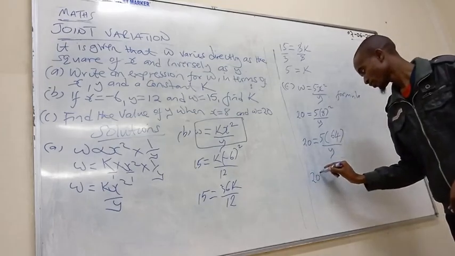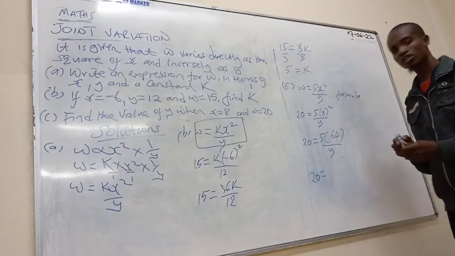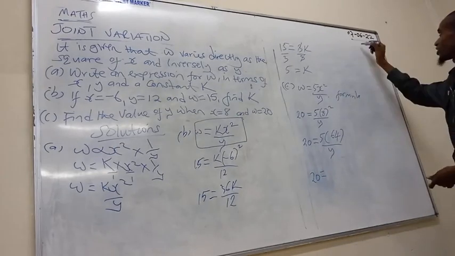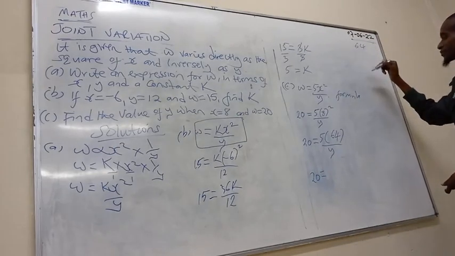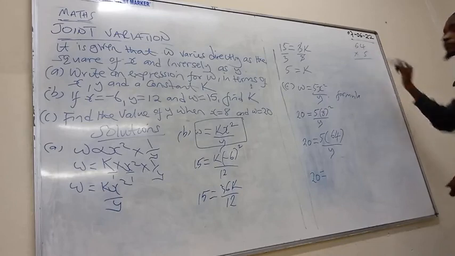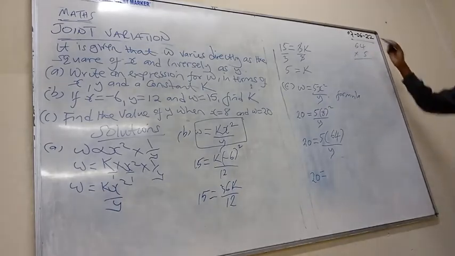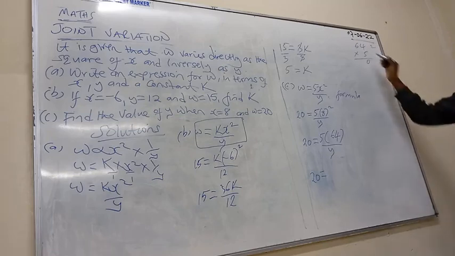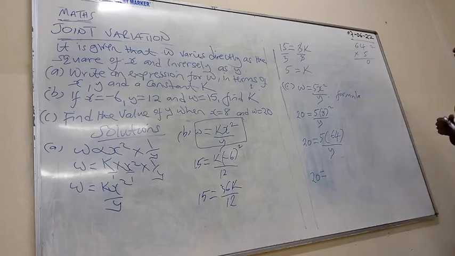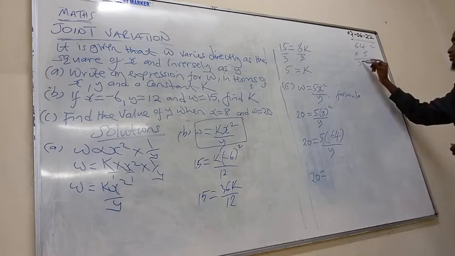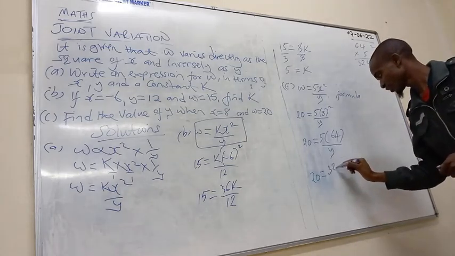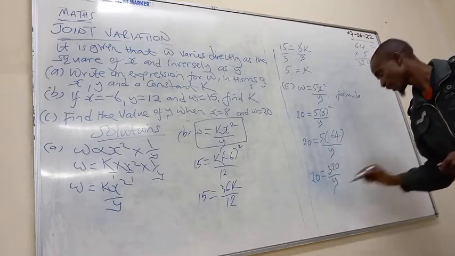Next step, we multiply 5 times 64. In step 1, you are not required to use a calculator, so you can just do this manually. 64 times 5, right? 5 times 4, so 0 carry 2. 5 times 6, 30. 30 plus 2, 32. So we have 320 over y.